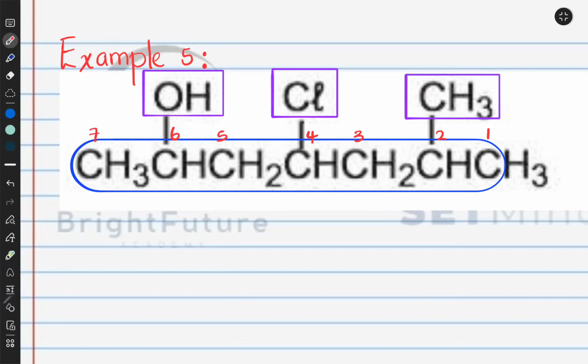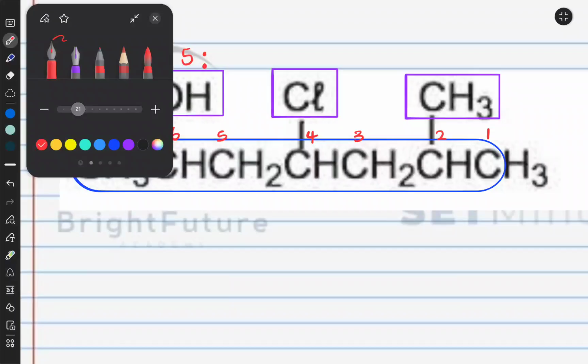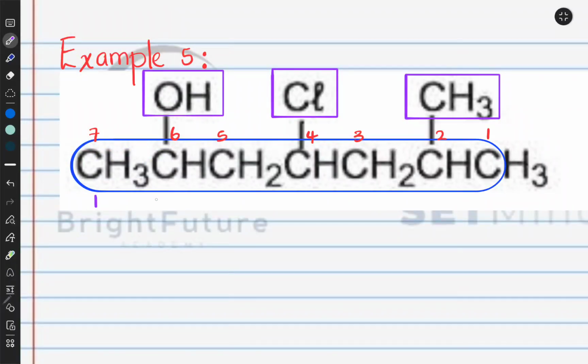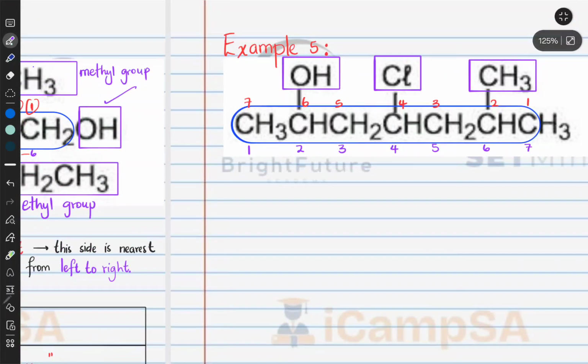Okay, so on this one the hydroxyl group is on carbon number 6. On the other hand, if I start from left to right, I'll have 1 2 3 4 5 6 and then 7. So if you check here, the hydroxyl group will be on carbon atom number 2. So that's the location. So we would therefore have to choose numbering from left to right. All right, because the hydroxyl group is closer when we number from left to right, that's why. So that's the first thing.